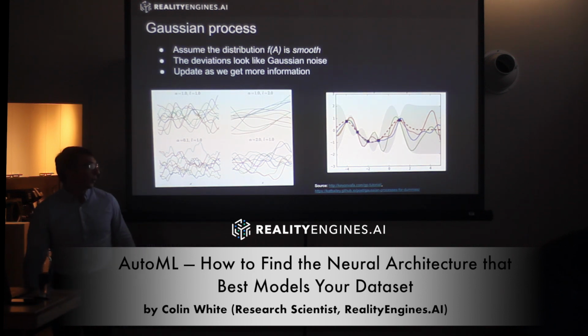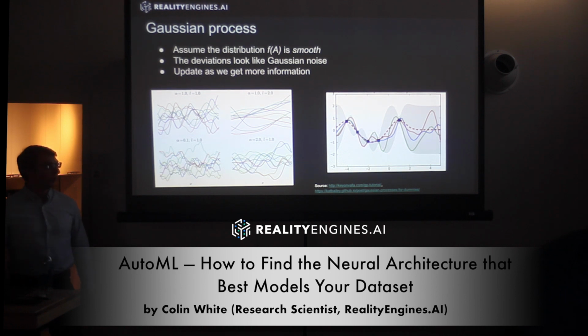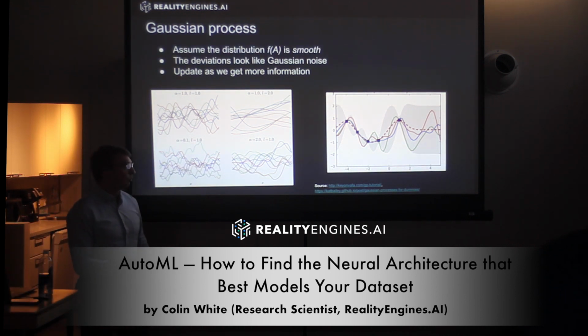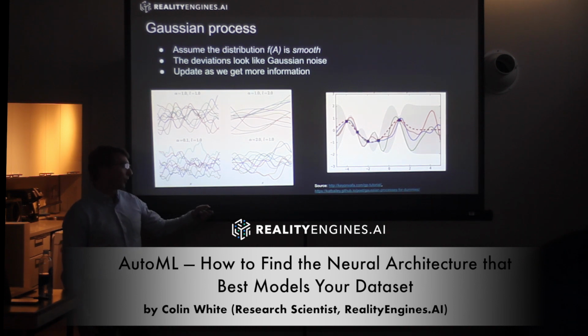Say we queried 5 points, then we know exactly what the function is for those points, and we also have a pretty good idea of what it might be close to those points, but further away we're not so sure yet. So the gray area is like the uncertainty region for these functions.